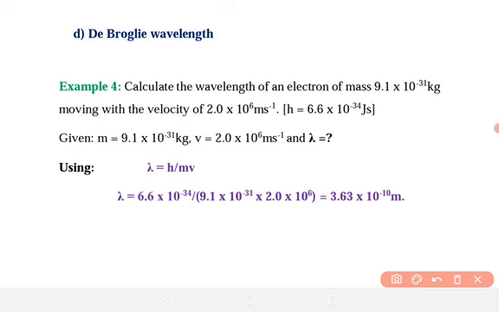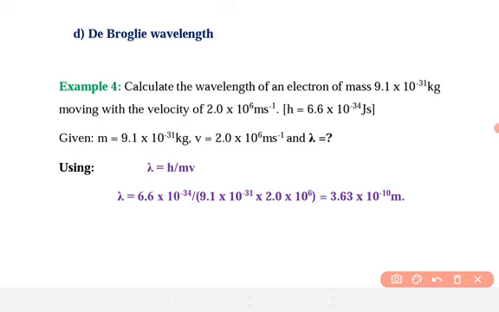The last example here, we are talking about the subtopic de Broglie wavelength. Now, de Broglie is the name of a physicist who proposed that the electron, as a particle, could as well have wave-like properties.